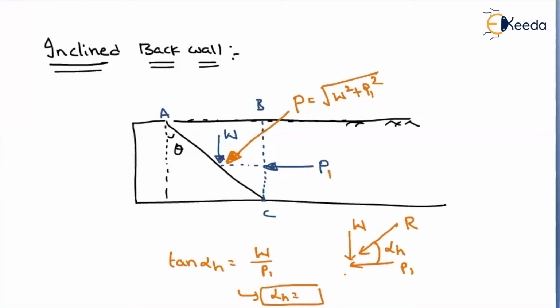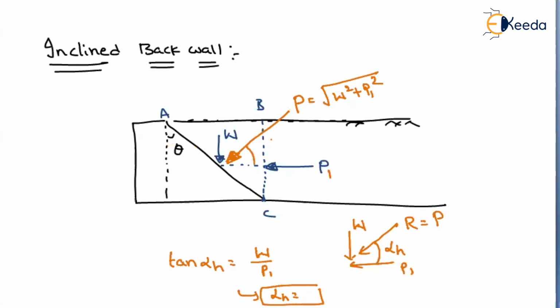That means here the resultant is nothing but the earth pressure. If your back wall is truly vertical, your earth pressure will be acting in the truly horizontal direction. But if your back wall is inclined, then your earth pressure will be acting in an inclined way. With how much angle?